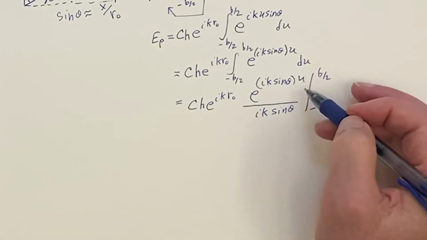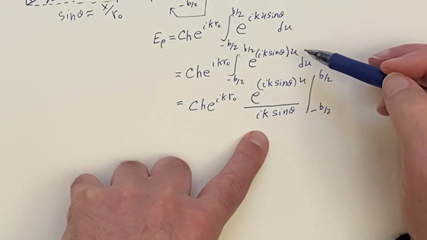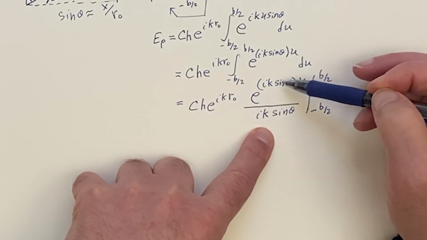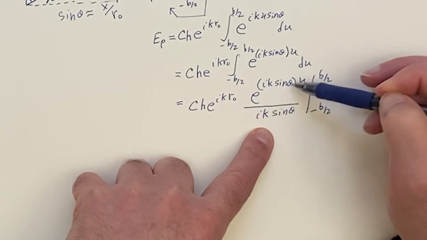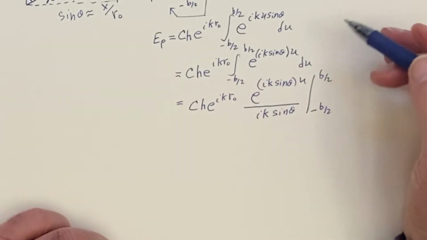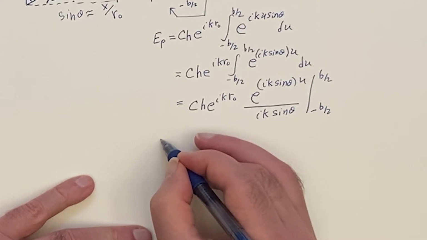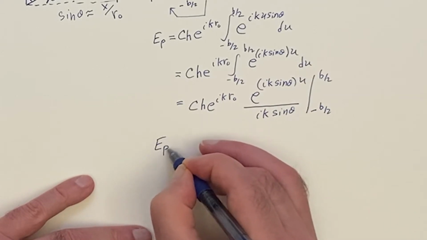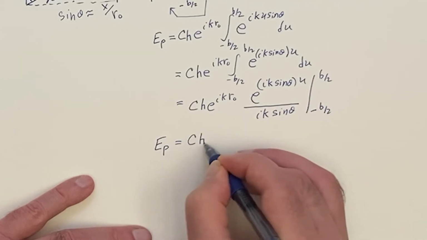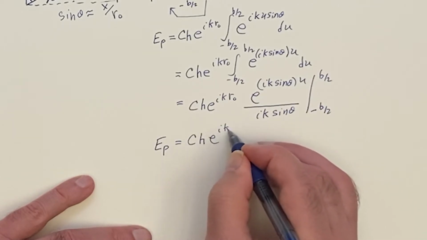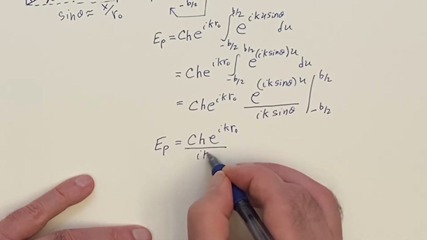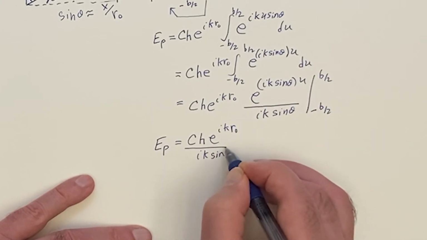I like to check my integrals by going backwards and taking the derivative. If you take the derivative of this, you get the same thing back, but using the chain rule you're going to pop out whatever's in front of the u, which will cancel that. So it checks out. It's correct. So that gives us, for the electric field at that point, C h e to the i k r naught over i k sine of theta.